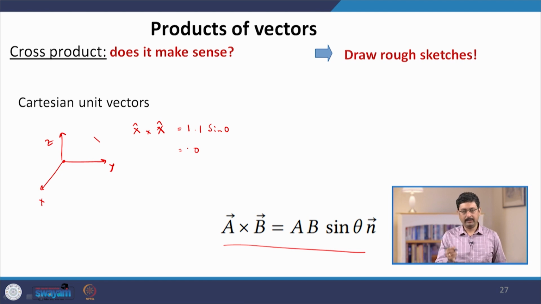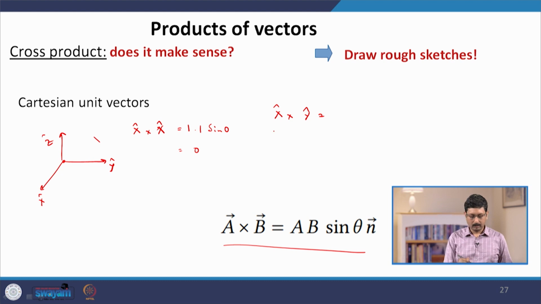This is different from what we saw for the dot product. Now, let us take two different unit vectors, let us say x hat and y hat. So, x hat cross y hat, what does it give?